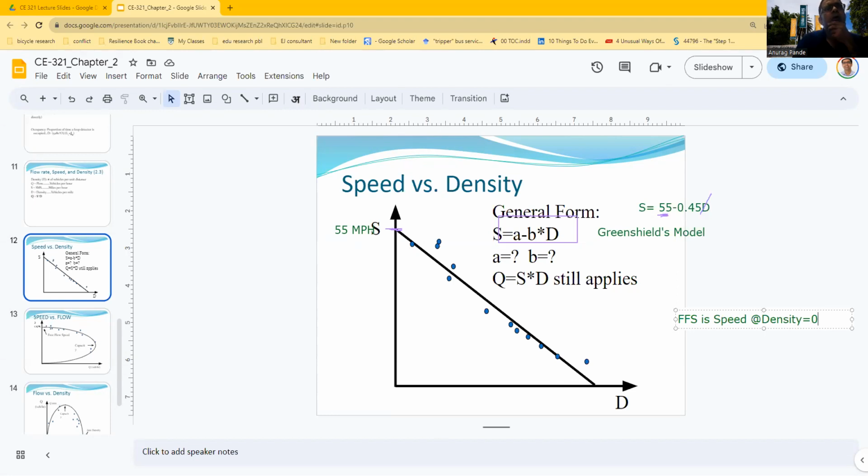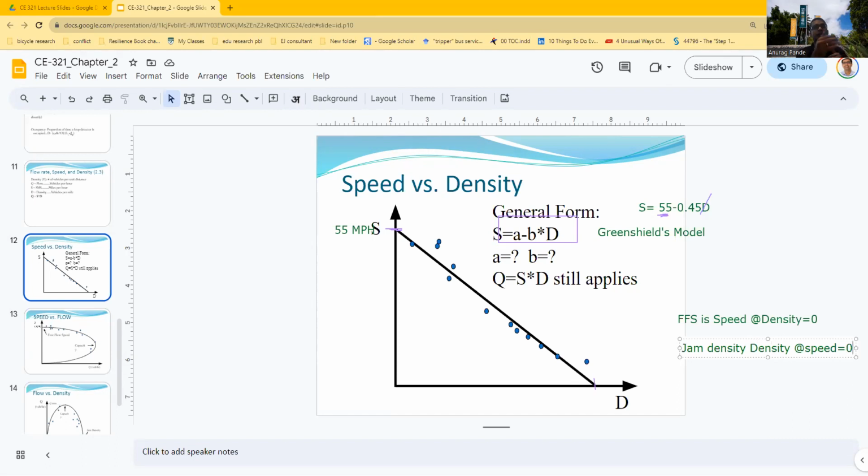Okay. Now, could I also derive the other parameter of this relationship, this value here, which is what I call the jam density? We talked about that last time. The jam density is the density of the roadway, how many vehicles per mile, when speed becomes 0.